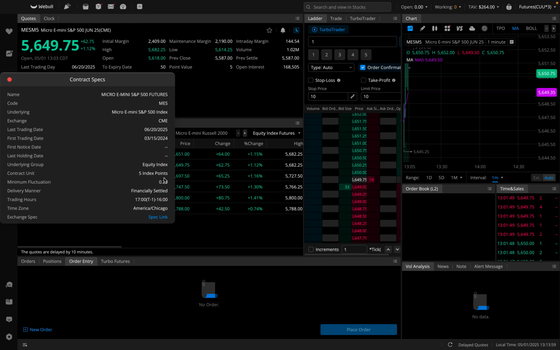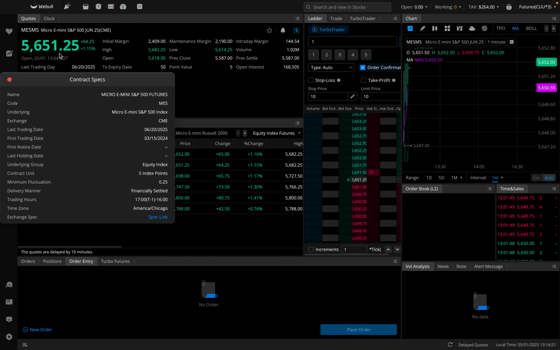What does that mean? This tells us how much money we'll gain or lose from a 1 point move in the futures contract. For example, right now this is 5649.75. Let's say we buy this contract, and then it goes up a point right after we buy it.